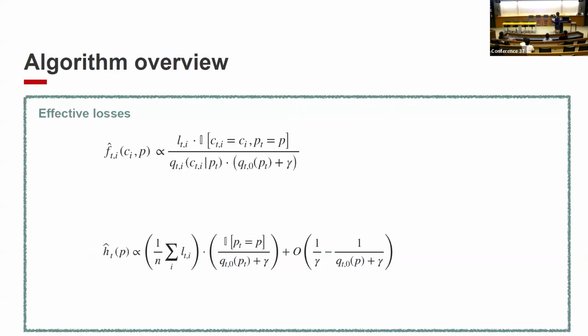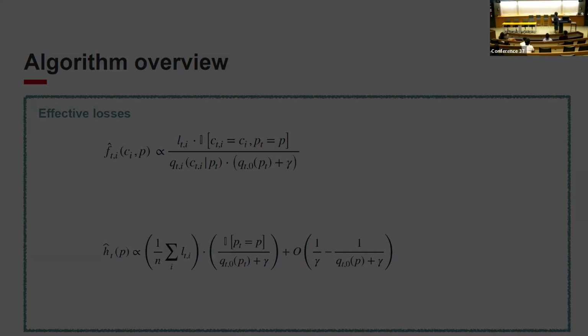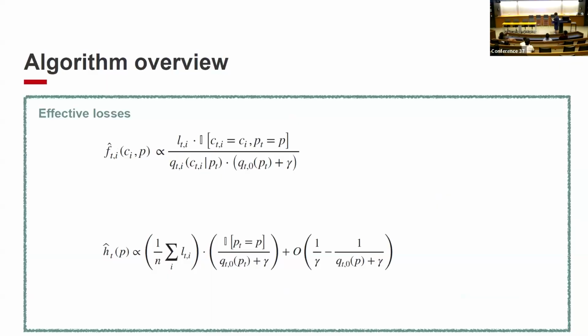Basically, these losses look very close to the losses for EXP3, but there are some components that are not the same. First of all, it is divided by Q_t^i and Q_t^0, so it is the inverse probability weight. If you take an expectation, this will cancel out, and it will give you an unbiased estimator of L_t^i.